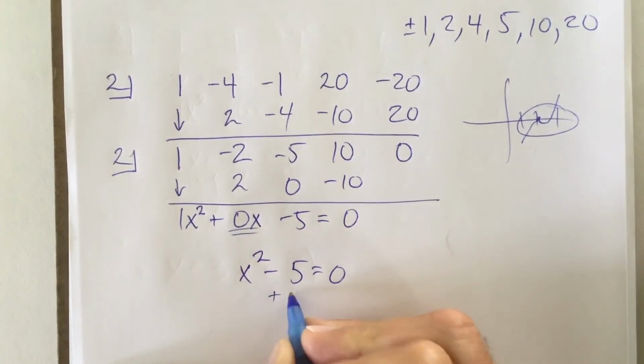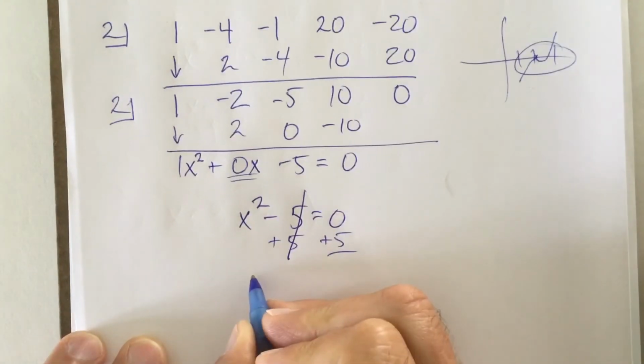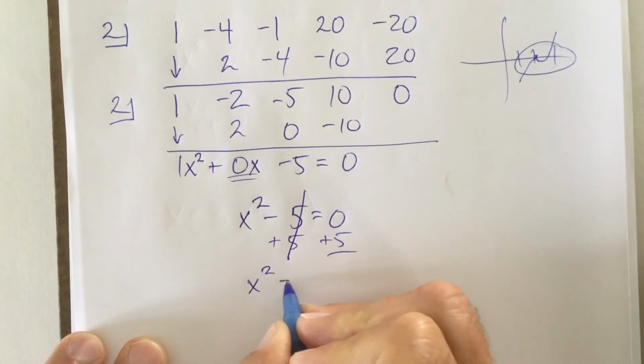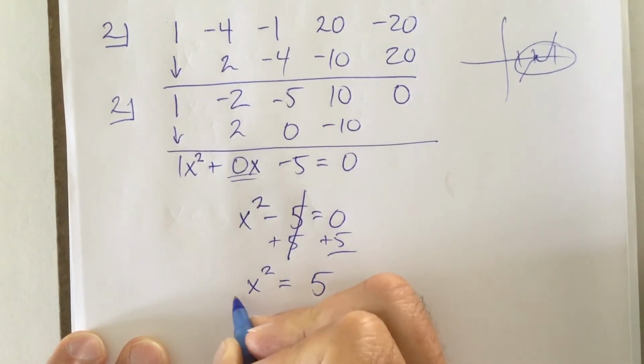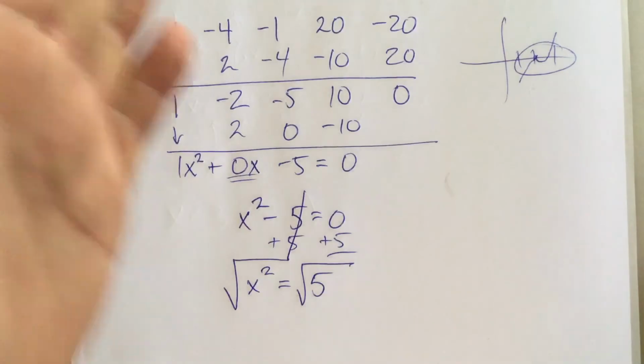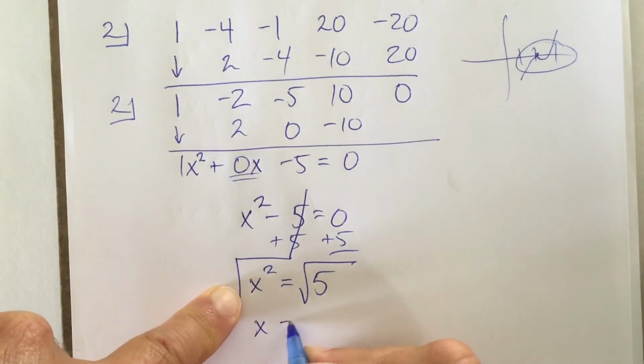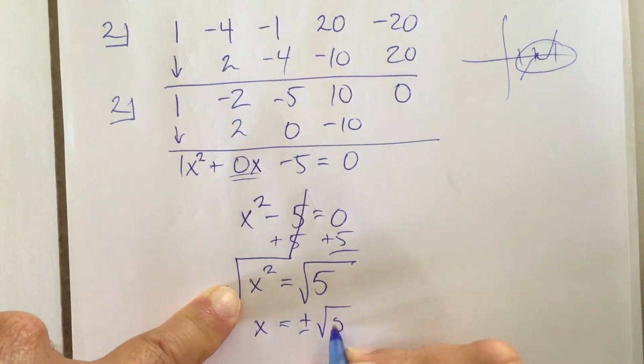I'm going to move the 5 to the other side. I'm getting the squared information by itself. And then I'm going to root like a cheerleader. Ready? Okay. Here we go. That's x equals plus or minus rad 5.